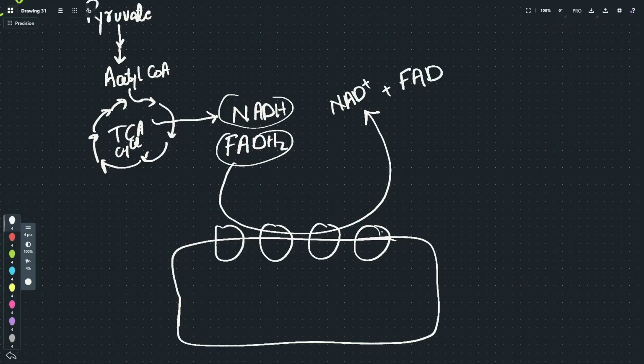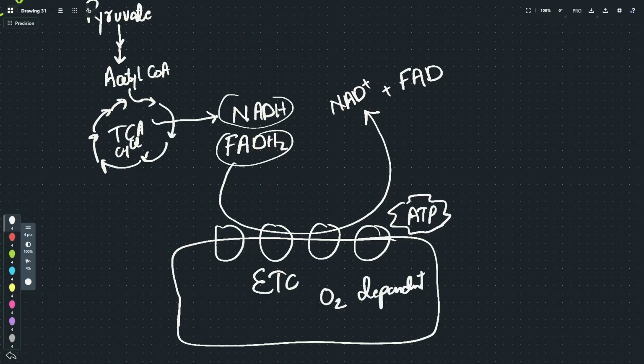Along with that ATP will be produced. This electron transport chain is oxygen dependent, but something unique about it is that this is not a typical bank. This is a very interesting bank.